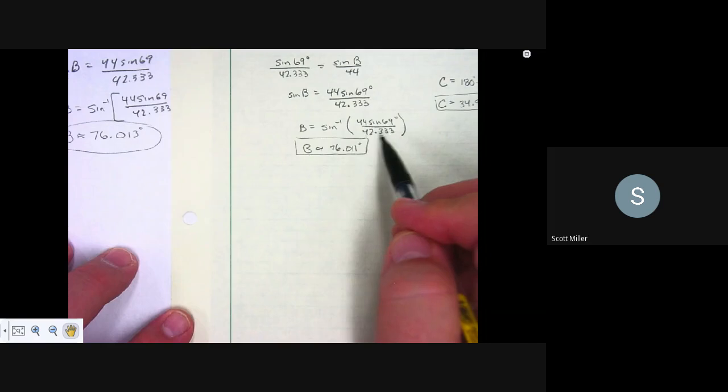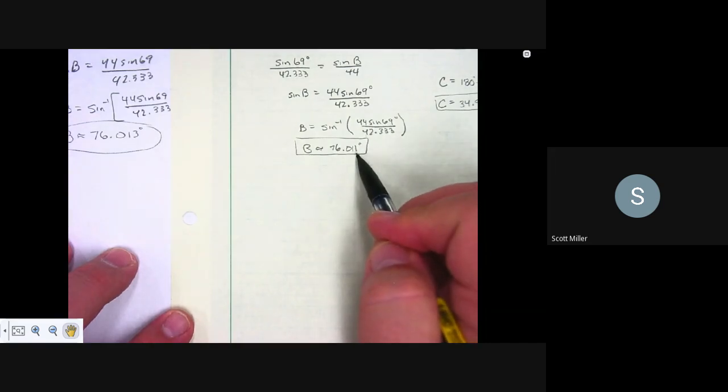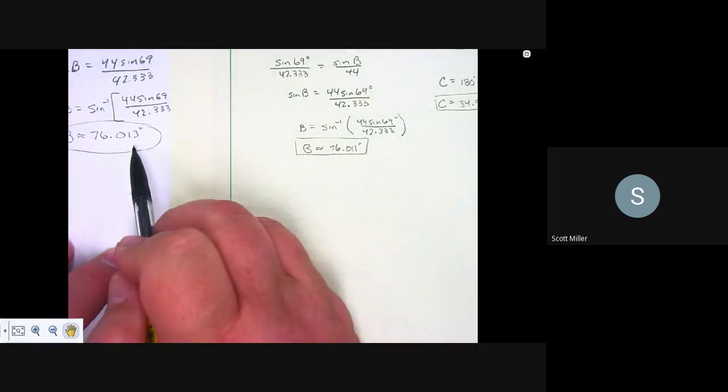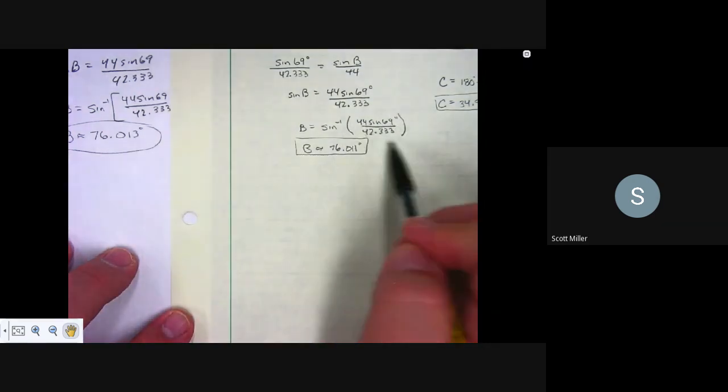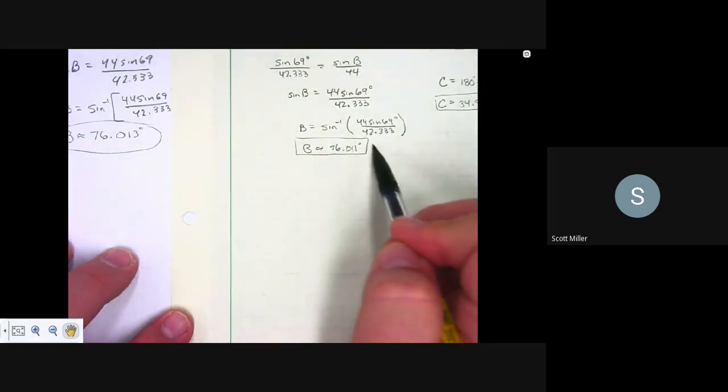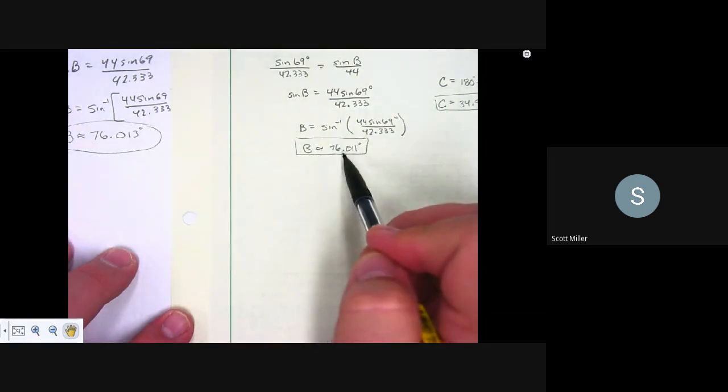I did not round it off, and look at the answer, 76.011, versus 76.013. So just note that that's going to happen. If you use rounded off or found information, you run the risk of a rounding error. So it just depends on the situation and what you're doing. Try to avoid it as much as possible, and we can get good answers.